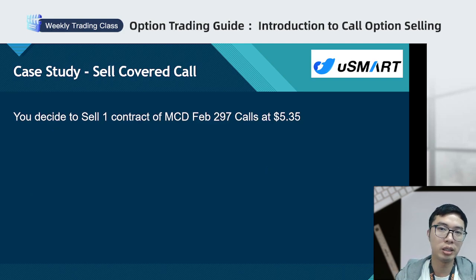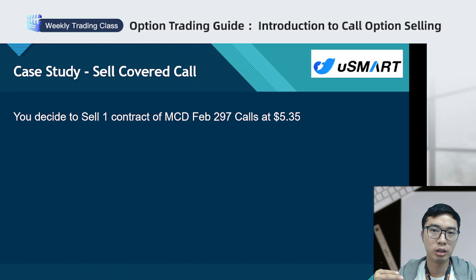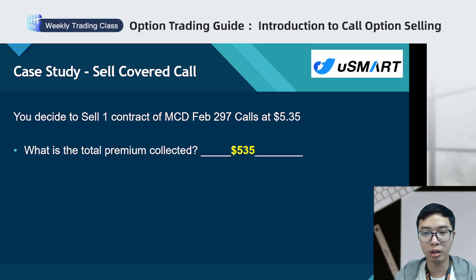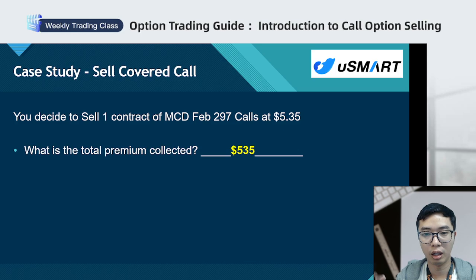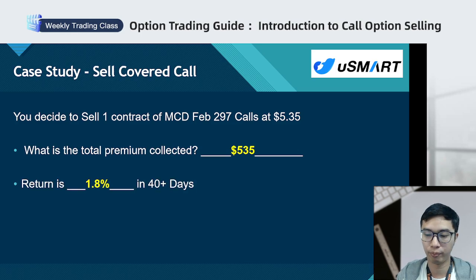So you decide to sell one contract of McDonald's at February $297, call at 5.35. So what is the premium collected? As I said, the premium collected will be the maximum premium. So the premium will be 5.35 times 100, which is 535.